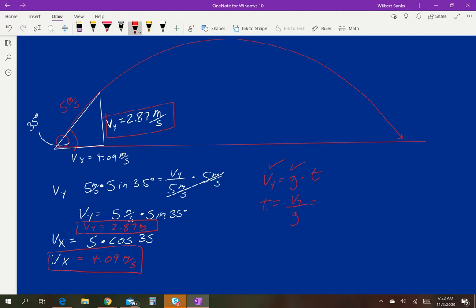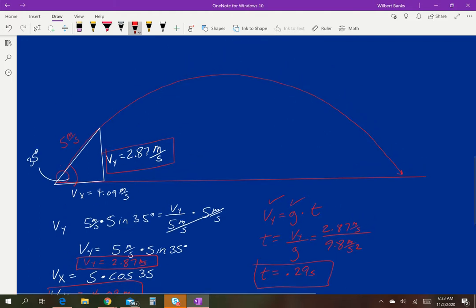So it's going to be equal to 2.87 meters per second divided by 9.8 meters per second squared. So I'm going to do that, 2.87 divided by 9.8, and that's going to be 0.29. I'm going to just leave it at 0.29. And understand this right here is my half time because it's talking about the Y. So that means my half time equals 0.29.